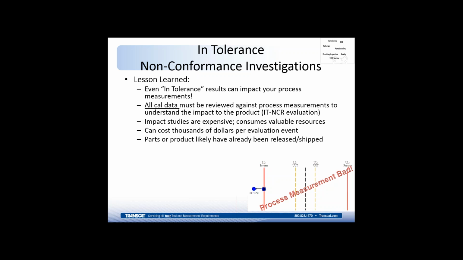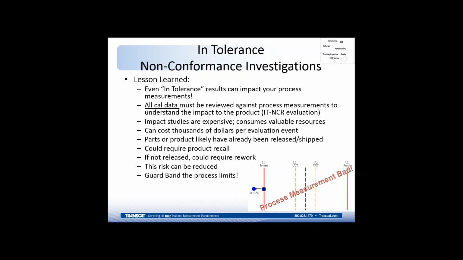And if parts or the product itself has been released or shipped, that can be very costly as well. It could require product recall. If it's not released, it could require rework, whether it's adjustment or partial remanufacturing or scrapping. And the good news is that risk can be reduced using what's called the guard banding process.